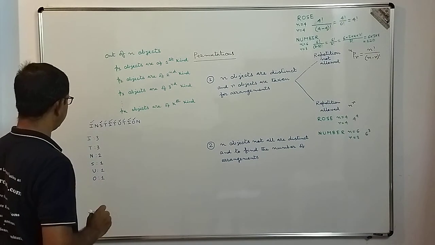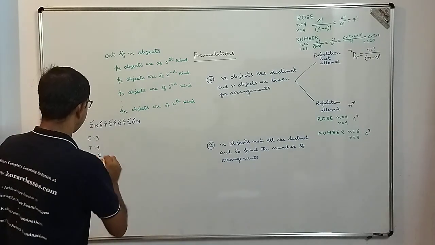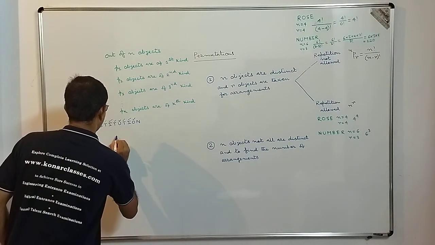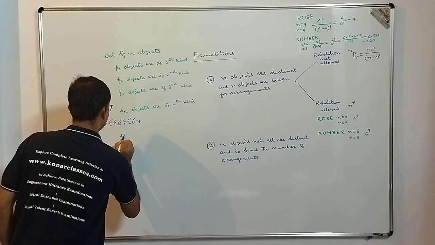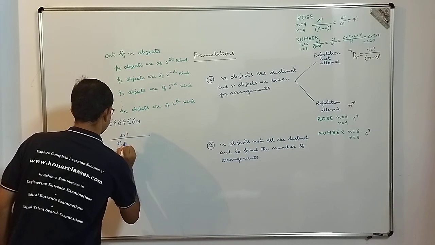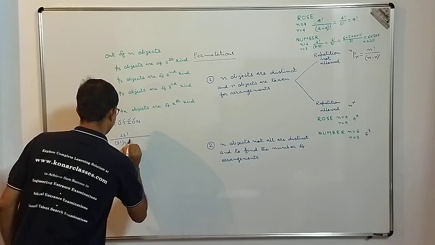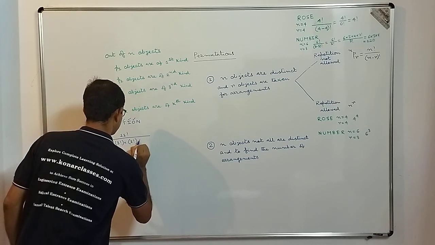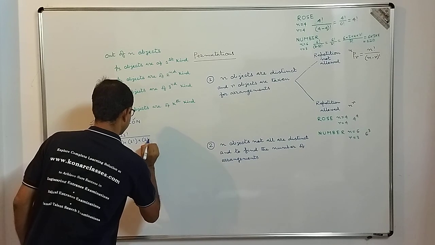So the possible number of arrangements we can make is 11 factorial divided by 3 factorial into 3 factorial into 2 factorial.